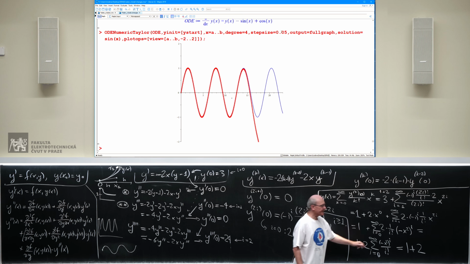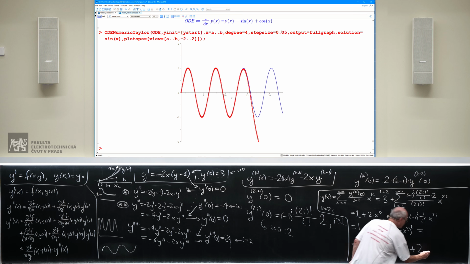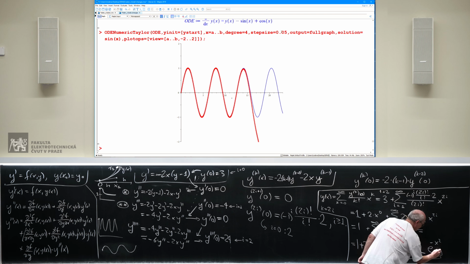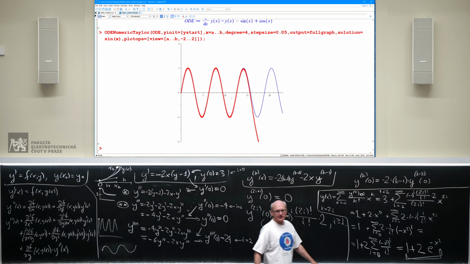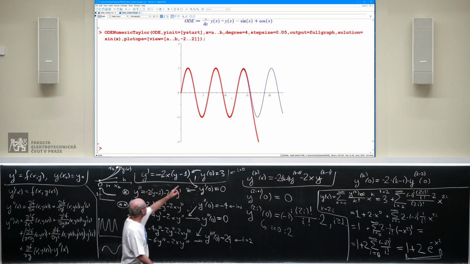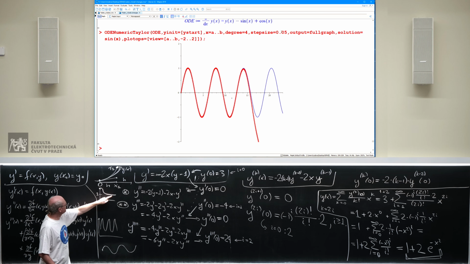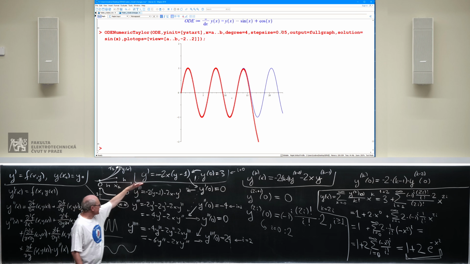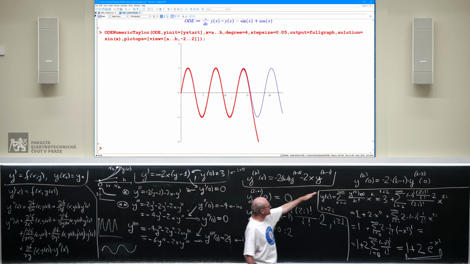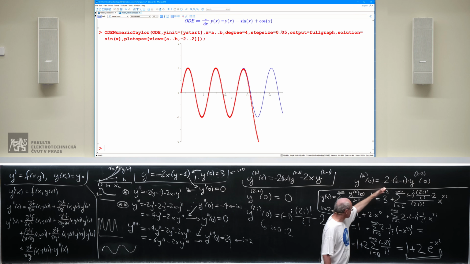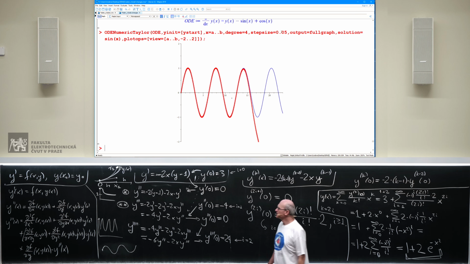This is the series expansion for the exponential function with argument negative x squared. By a remarkable coincidence, that's exactly the solution that we are looking for. That's the analytic formula. So by trying to pass from Taylor polynomial and the numerical method to Taylor series and analytic point of view, we actually obtained the solution to our problem.